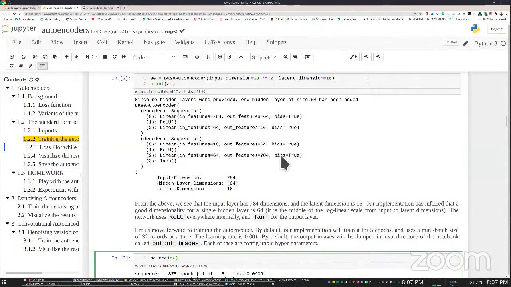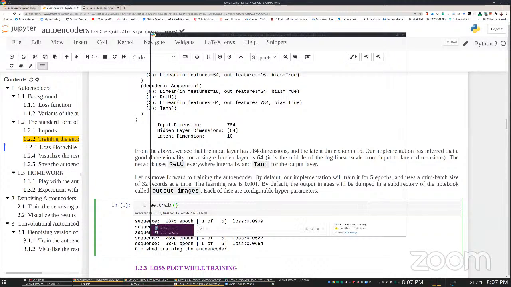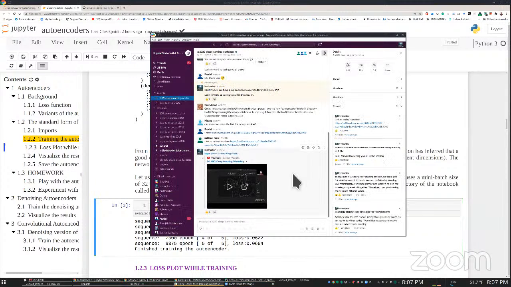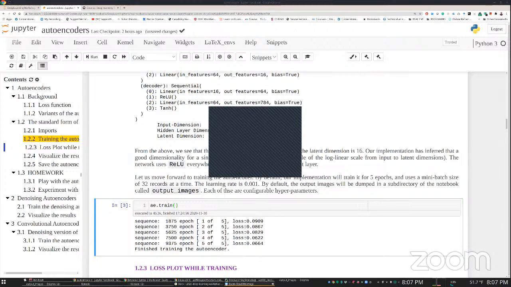Let me just walk through, and then I'll make sure that it works on all your machines. Do you see the same error message that I put in the chat? Let me see what you guys are putting in, in the Zoom chat. Okay. Yeah, the same error.